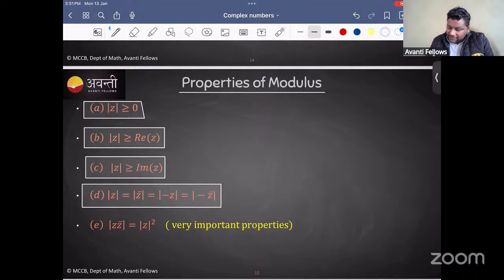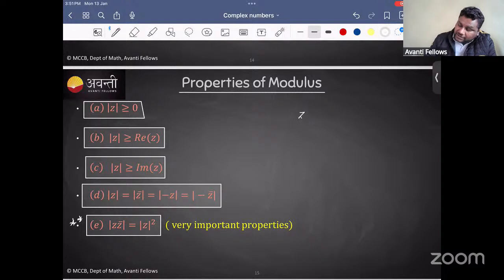Then, very important: z z bar is the magnitude of z whole square. You can simply prove it. If the complex number z is x plus iota y, z bar is x minus iota y.